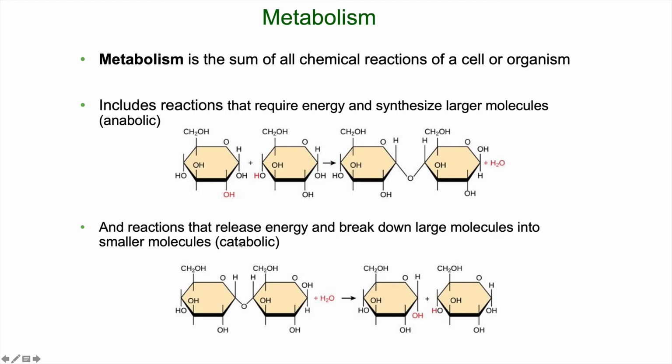And in catabolic reactions, where we break down, here we're going to break down that maltose with water, hydrolysis, going to form two monomers of glucose. Okay, that's a catabolic reaction. So again, all the anabolic, all the catabolic together give us the total metabolism of a cell or an organism, tissue, organ, whatever level of the hierarchy we want to measure it at.